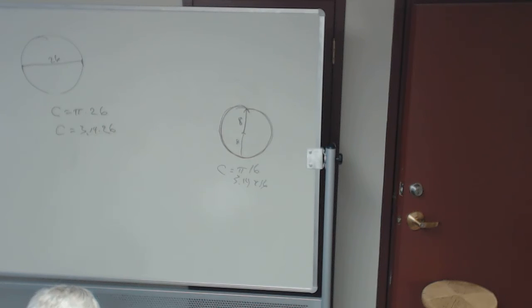The outside diameter of a motorcycle tire is 26 inches. How many revolutions does the tire make in a mile? If the diameter is 26 inches, then the circumference is 26 times 3.14, right? So that's 81.64 inches. But we're changing it to feet because we're looking at a mile in terms of feet.